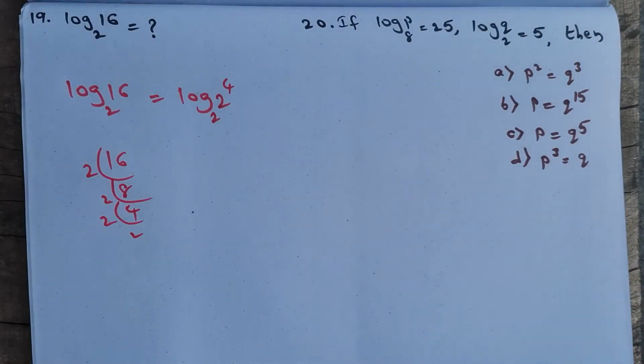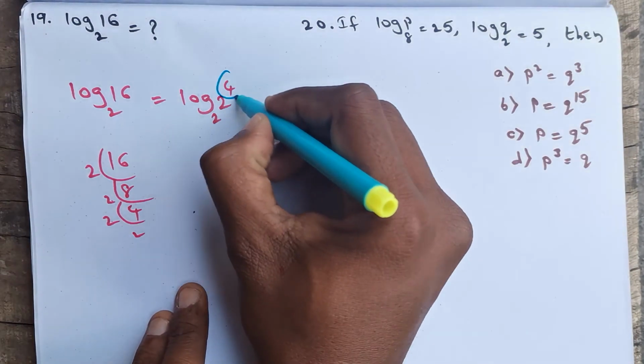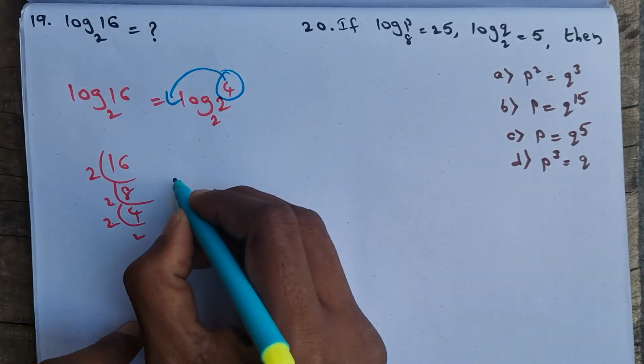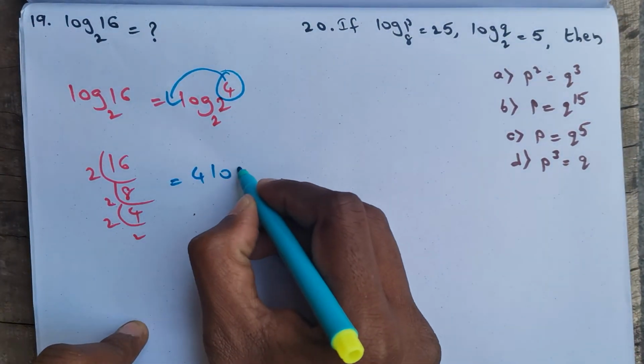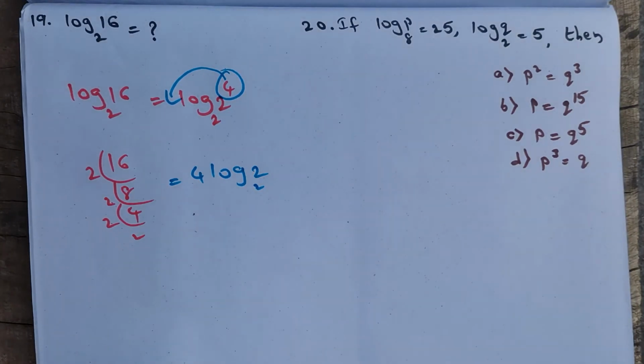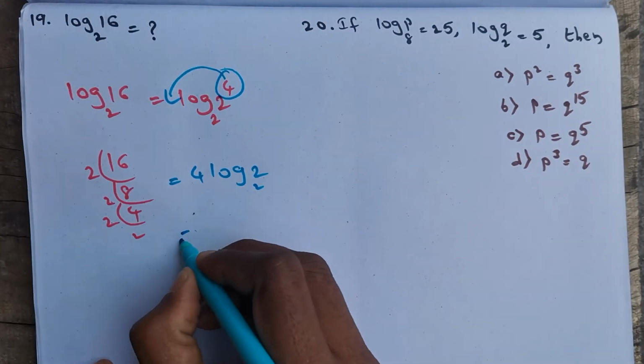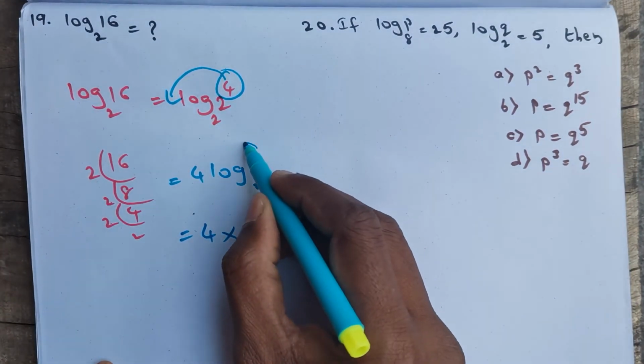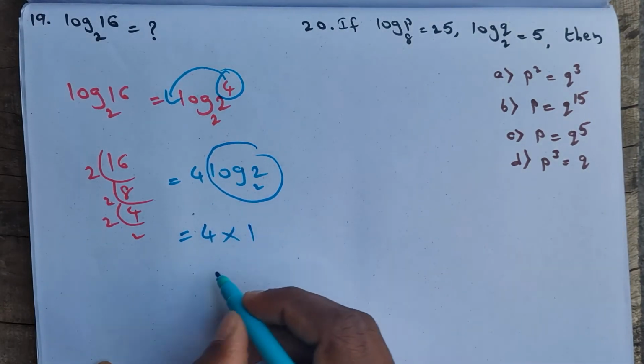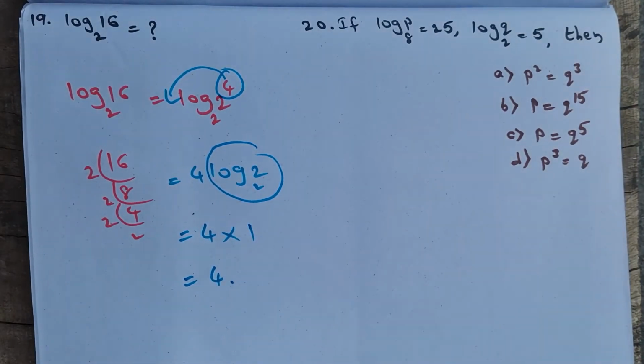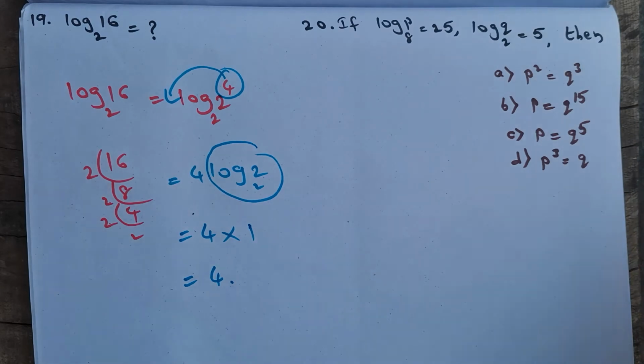Now this 4 will come to the front. So we will get 4 times log 2 base 2. The value of log 2 base 2 is 1. So 4 ones are 4. So the value of log 16 base 2 is 4.